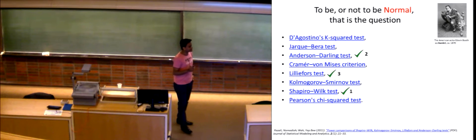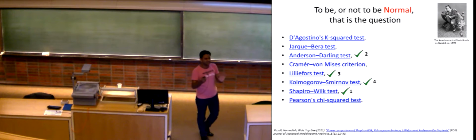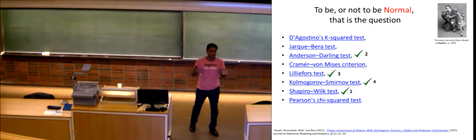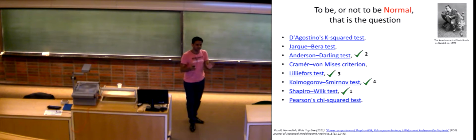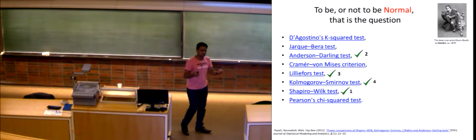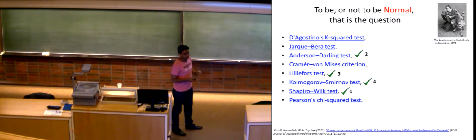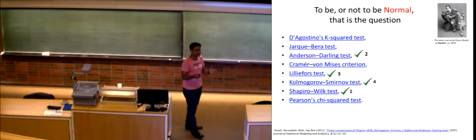The third is the Lilliefors test, and the fourth is the Kolmogorov-Smirnov test. In the 1980s and 90s, people used Kolmogorov-Smirnov a lot, but there have been many advancements, making it more robust and non-parametric. My favorite is the Anderson-Darling test, because Shapiro-Wilk is not straightforward to calculate. In MATLAB, it's very easy to calculate.